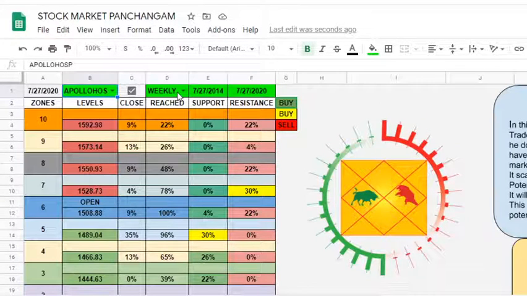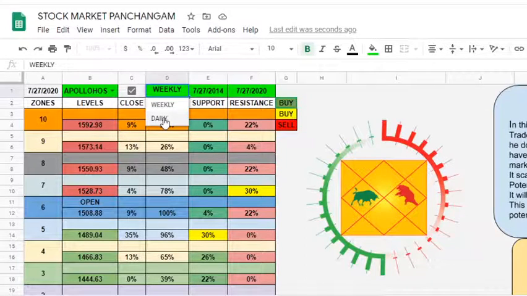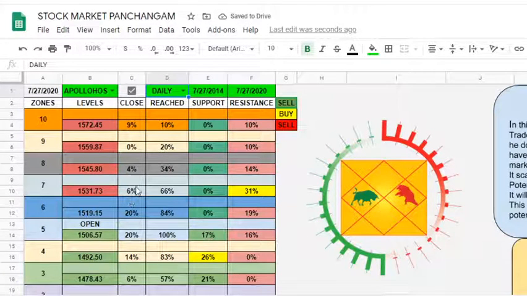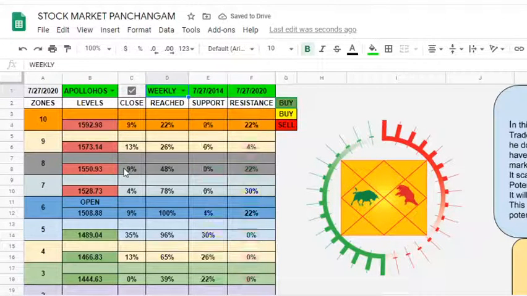If you go to the D1 cell, you will see there are two options, daily and weekly. If you want to do intraday trading, choose the daily option, and it will automatically recalculate the daily levels. If you choose weekly, it will automatically calculate the weekly levels. So this is the time frame.